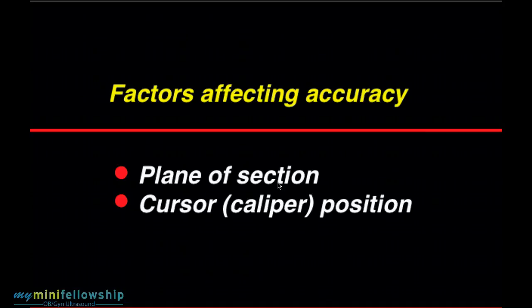You choose the plane of section on which the measurement will be made, and you choose where to position the calipers at the end points of measurement. And that's it. You choose the plane of section, and you choose the position of the end points of measurement.